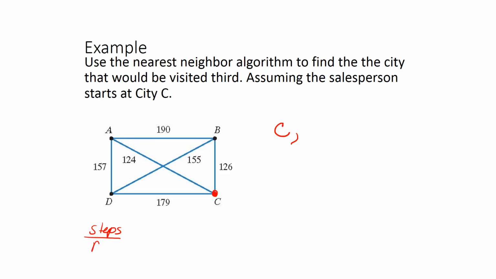From city C, you can go to A for 124. You can go to B for 126, or you could go to D for 179. We choose the least cost, and that would be A. So we're going to go to A next.